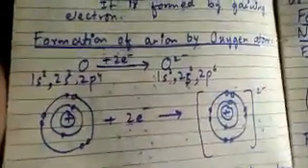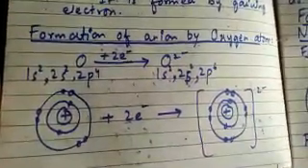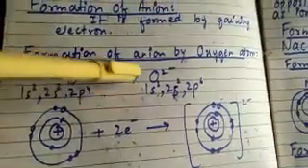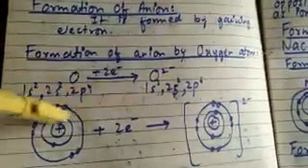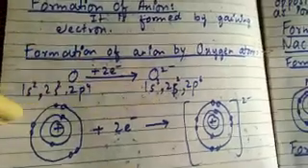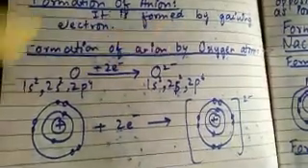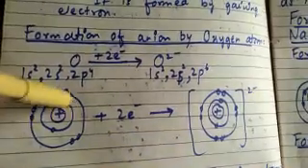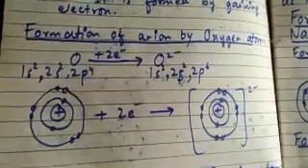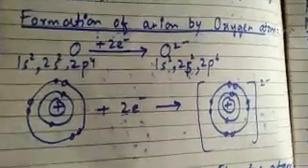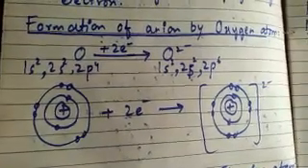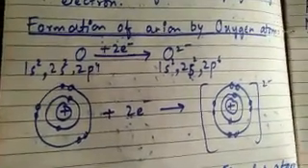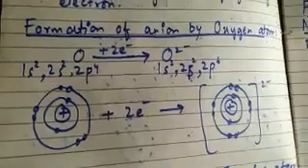So this is the formation of an anion by the oxygen atom, gaining 2 electrons to form the O two negative ion. This is the electronic configuration representation of the formation of an anion by the oxygen atom, and right below this one is the Bohr atomic structure representation.